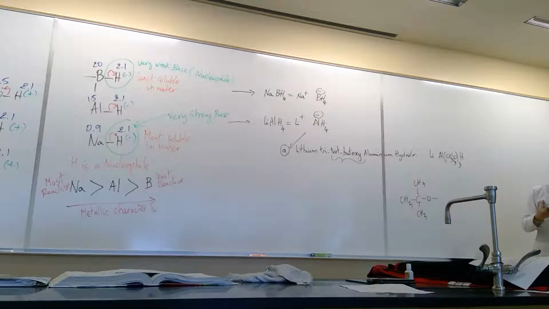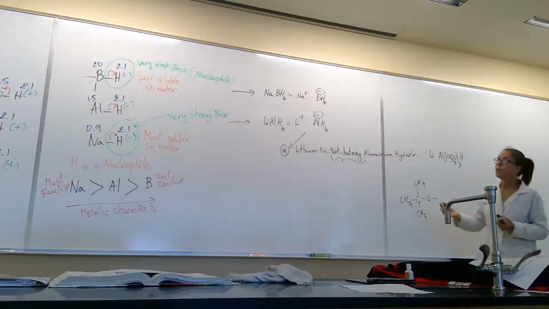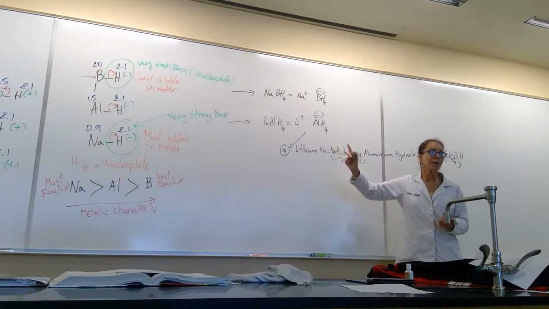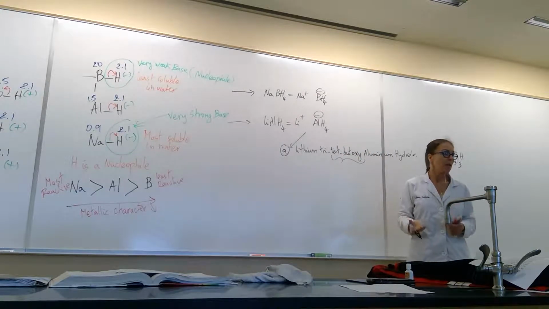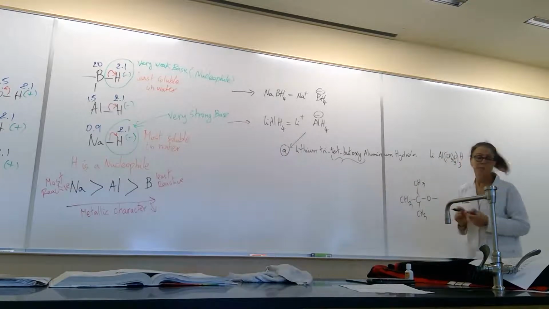So you can reduce the number of hydrides, so it only reacts once. And it will be slower because you have steric. If you want it super fast, you use this. This will happen super fast, and it goes and goes and goes. It's hard to stop. So if we want to stop it, we use this.